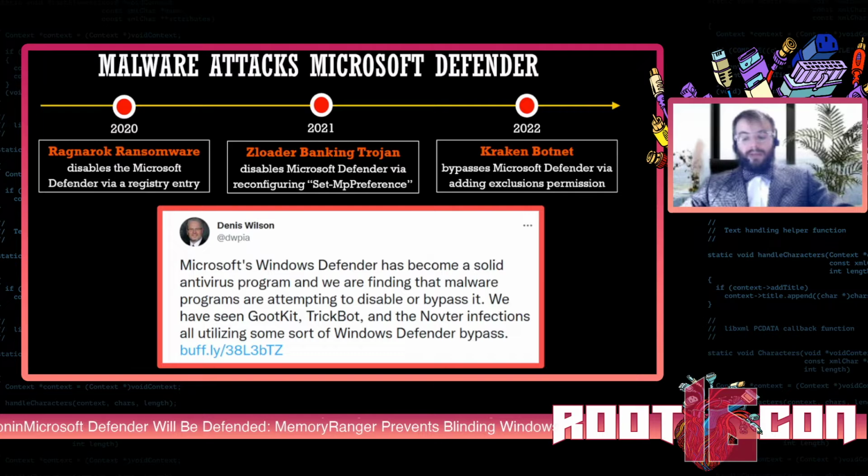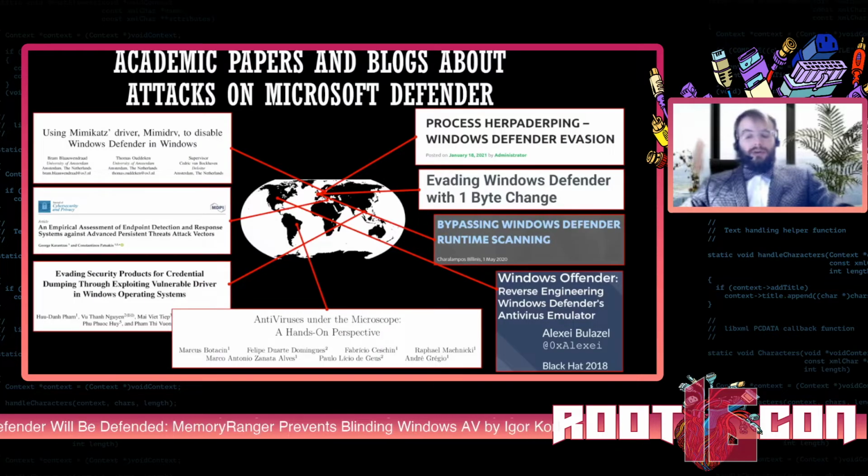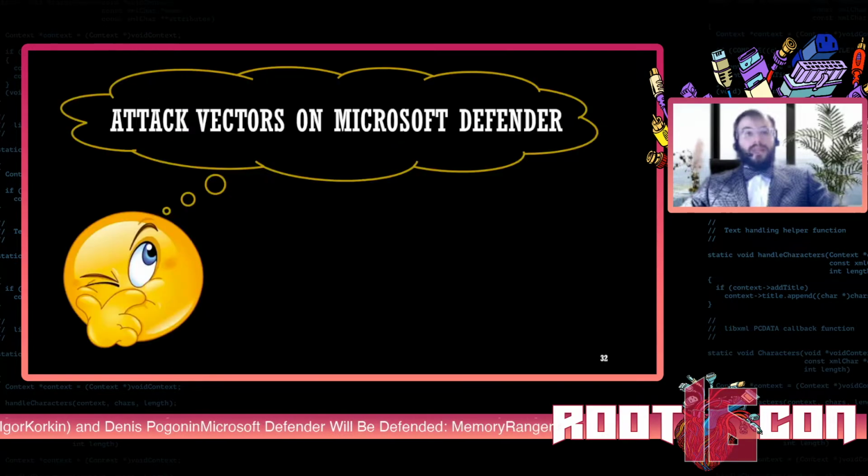Global cybersecurity community widely discuss the attacks on Microsoft Defender. Here are some recent academic papers, blogs, and research talks that show how to bypass Microsoft Defender. Let me show you the current attack vectors on Microsoft Defender.